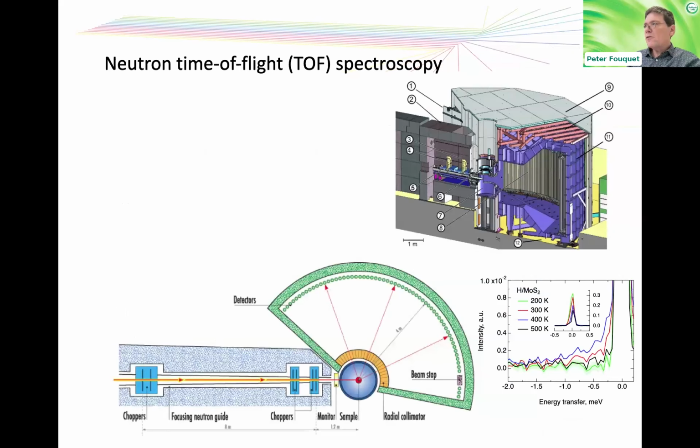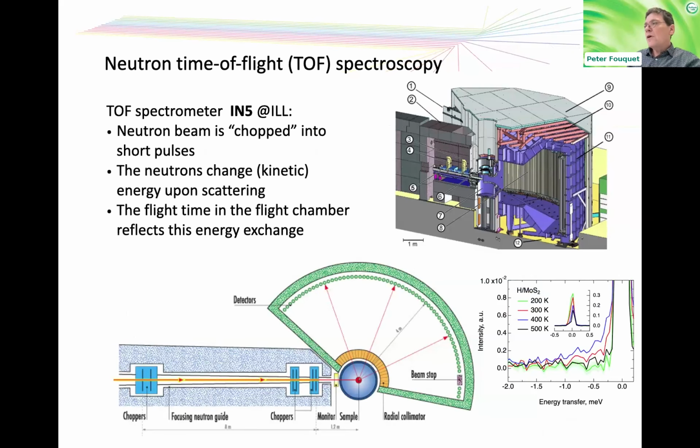Now, the second spectroscopy technique that we use very much here at the neutron facilities, that's the time-of-flight spectroscopy. Well, here I show you a spectrometer, IN5.